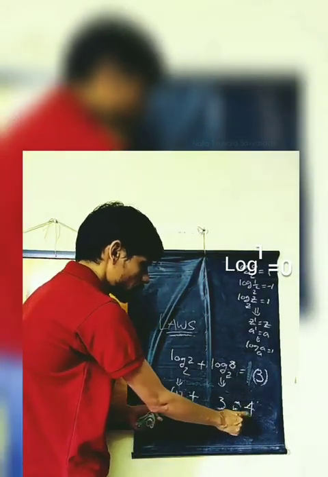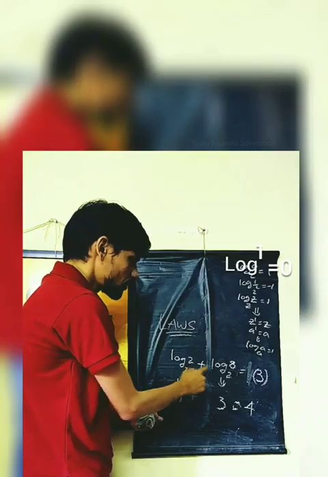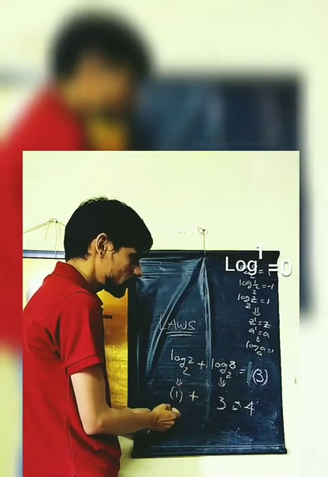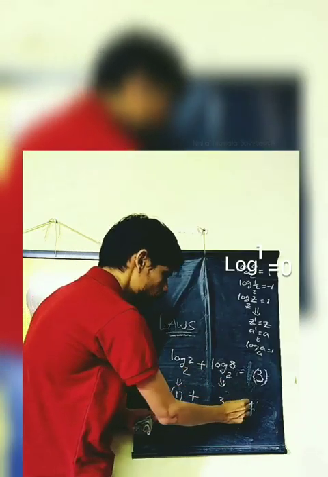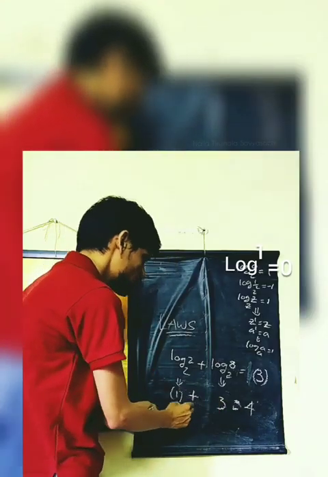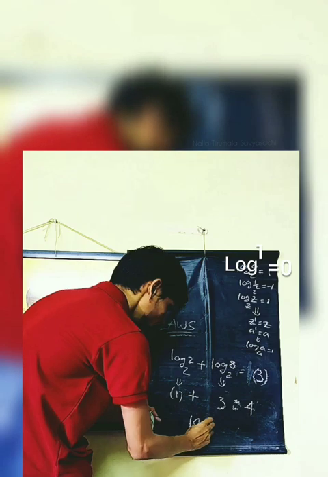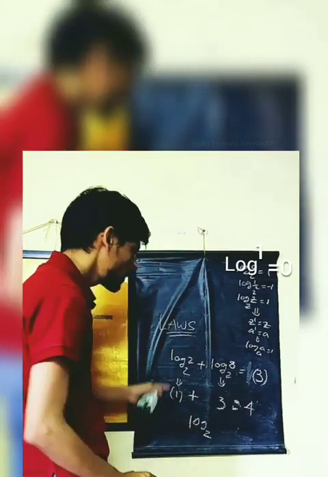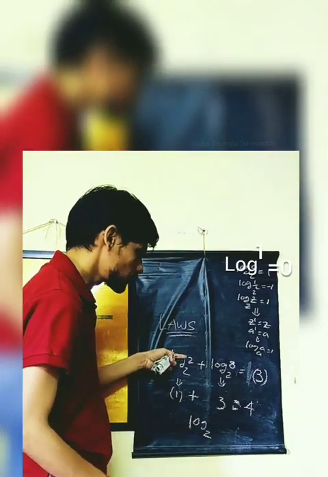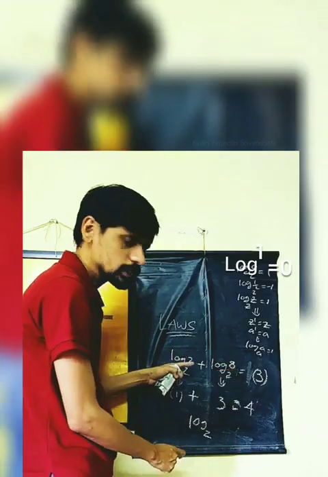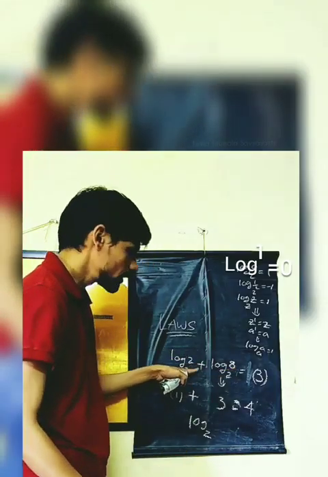So now we got it, but we can do another thing also to get this output, very easily. What we can do, both are log base 2, right? So we will write log 2. Here my exponent is 2 and here my exponent is 8 and I am doing addition.